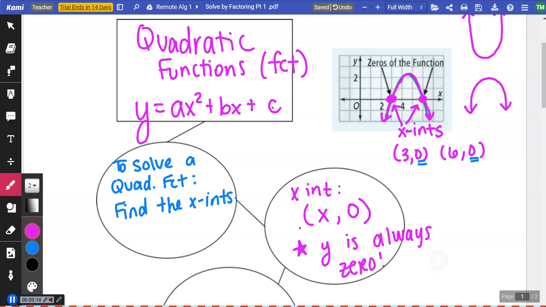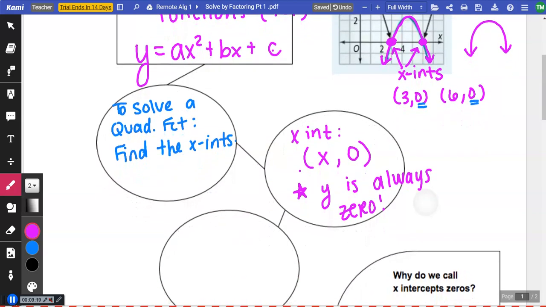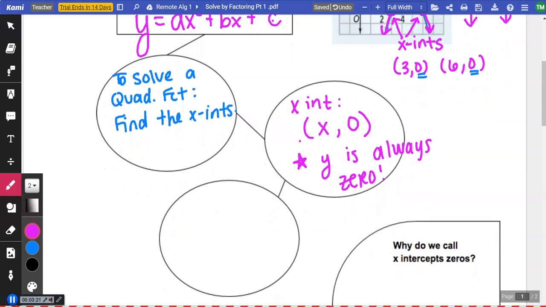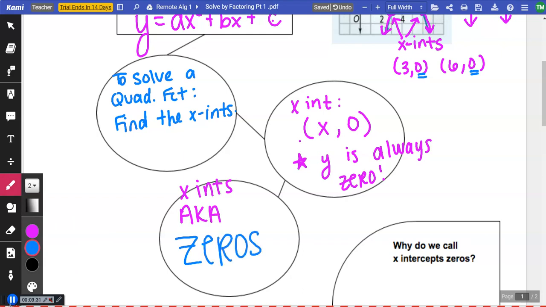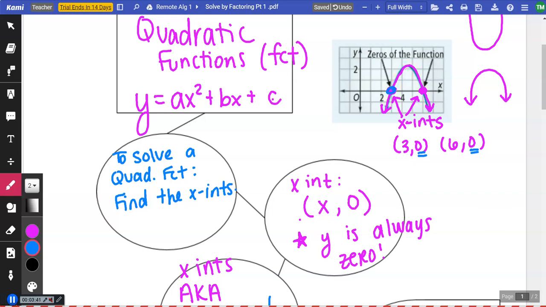So because the y value is always 0, we can actually refer to these x-intercepts as zeros. So x-intercepts are also known as zeros. So as you can see in this picture that I shared with you, when you have the x-intercepts labeled, it also refers to the x-intercepts as the zeros of the function.